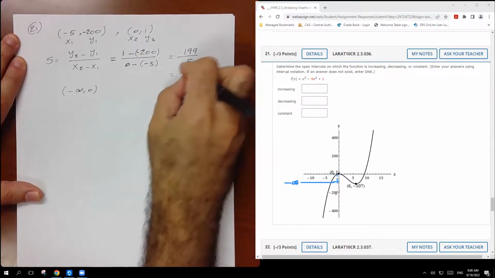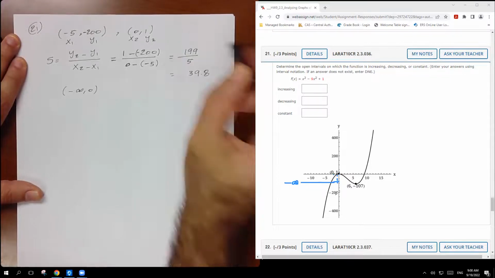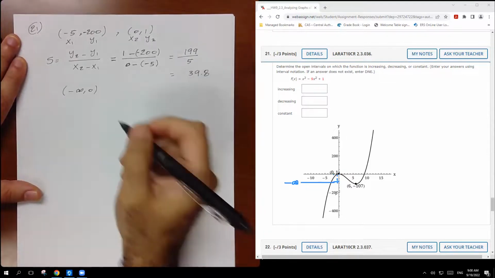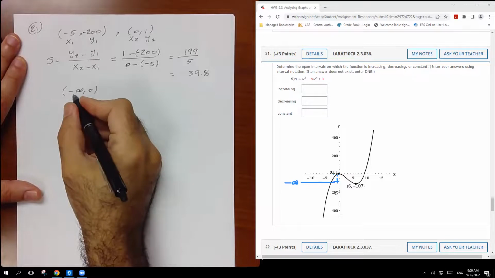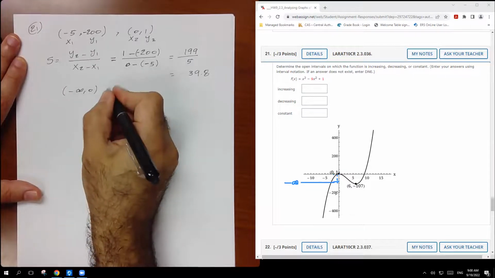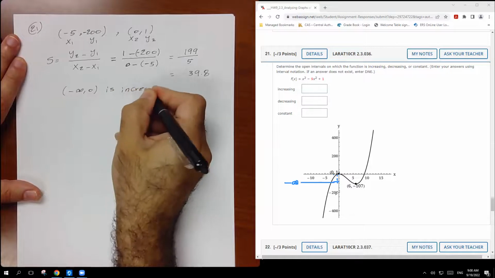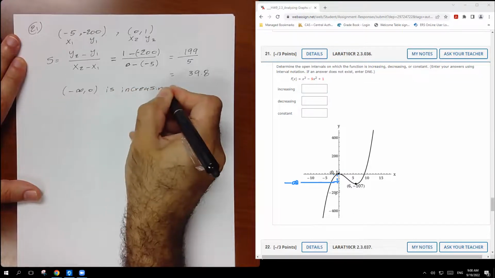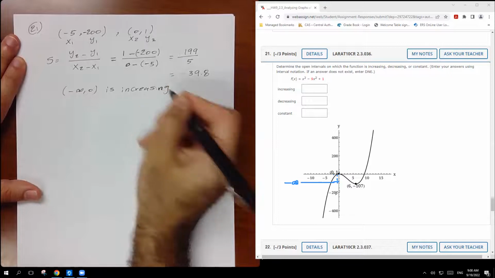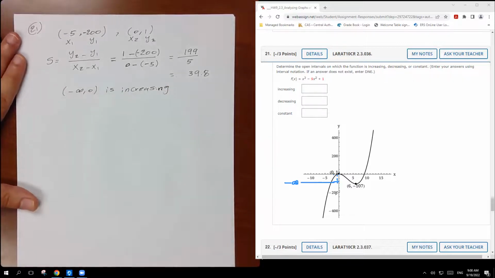So from negative infinity to 0, the graph is increasing. So I'm going to type this one here.